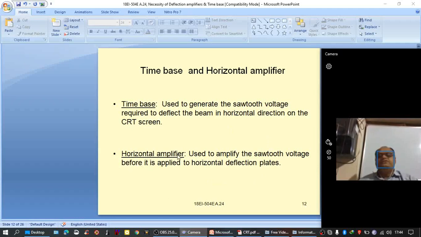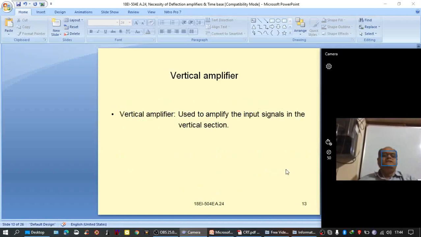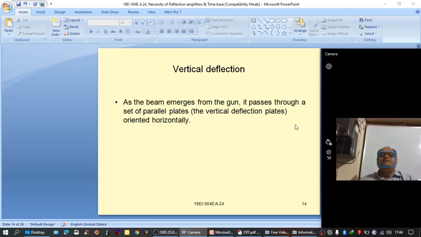Then what is the purpose of the horizontal amplifier? It is used to amplify the sawtooth voltage, that is the sweep signal, before it is applied to the horizontal deflection plates. Then what is the use of the vertical amplifier? The vertical amplifier is used to amplify the input signals in the vertical deflection system.